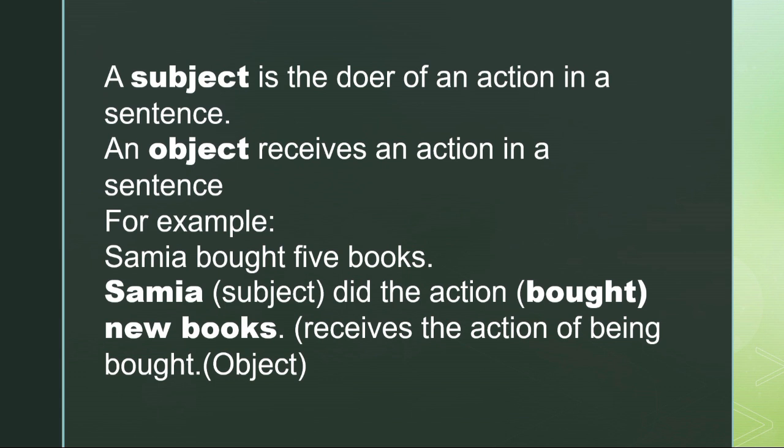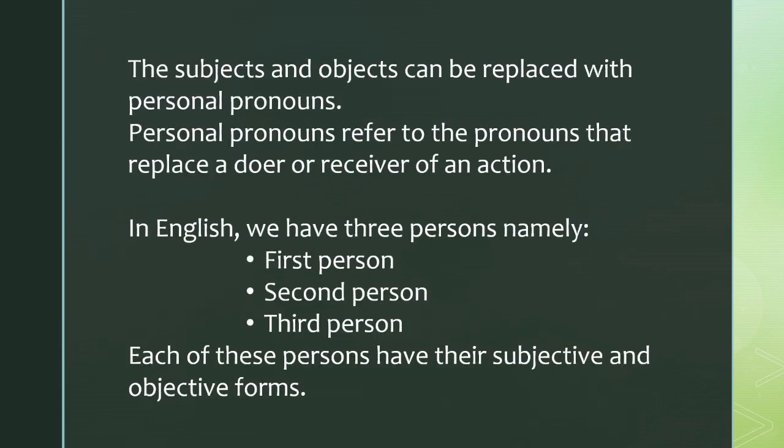So Samia bought, and what was bought are the new books, and the new books are the ones receiving the action of being bought, and therefore we refer to them as objects. So these subjects and objects can be replaced with personal pronouns. And we've said that personal pronouns refer to the pronouns that replace a doer or receiver of an action.